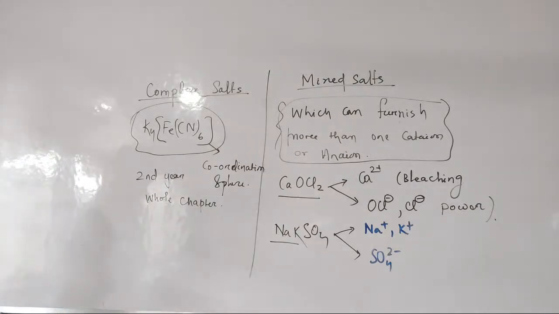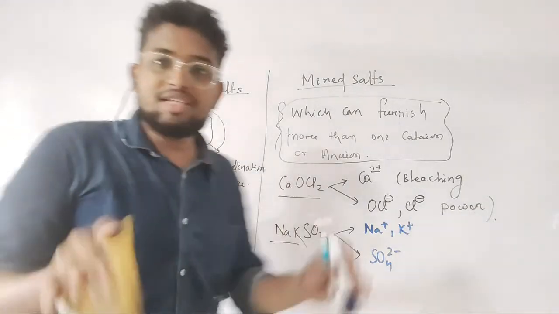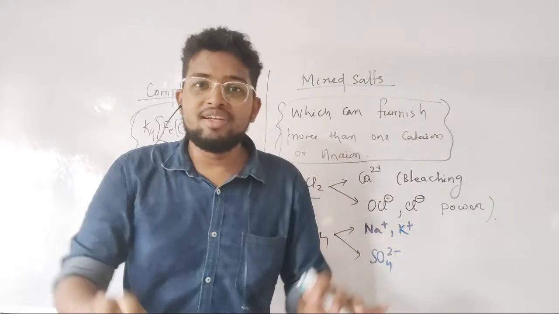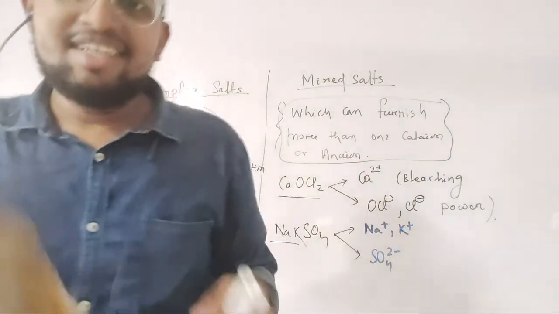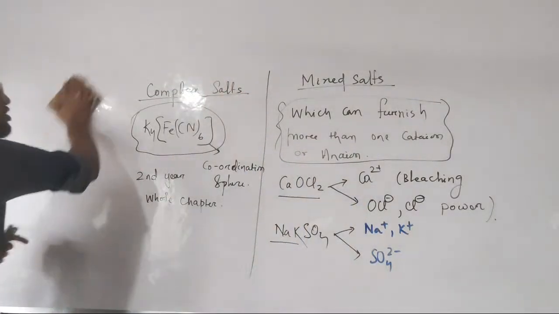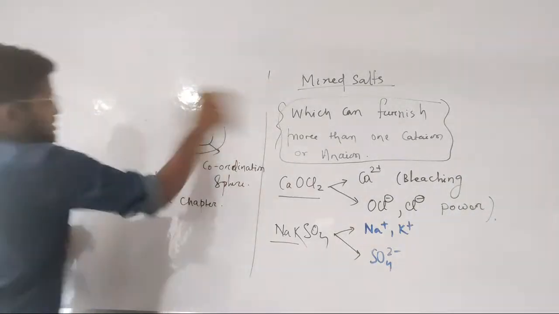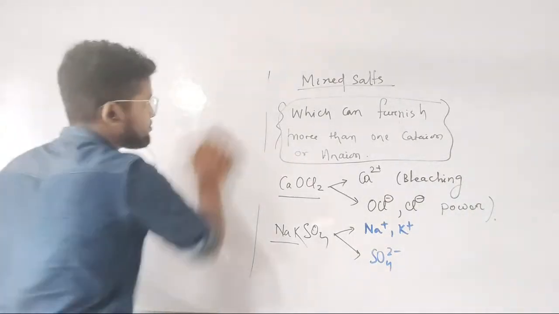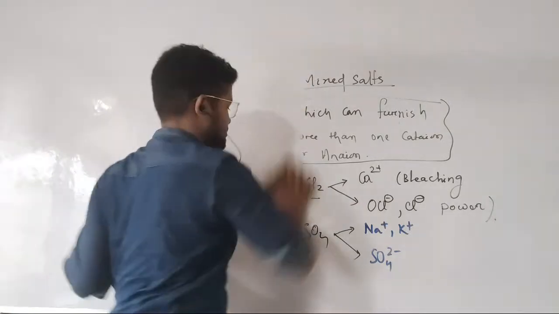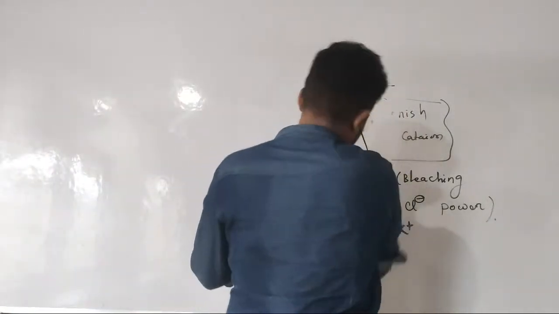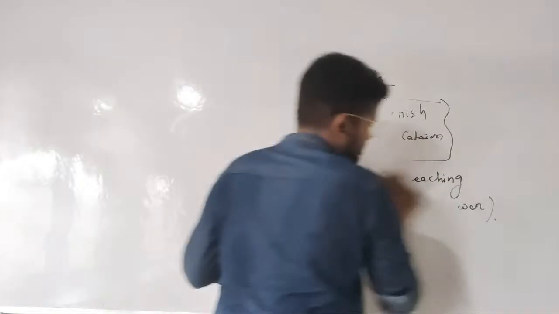So this is our basics about salts. Now we will go to the advanced part. Be careful, fasten your seat belt and sit with your copy. Don't roam outside and check the YouTube video. So, salt hydrolysis.